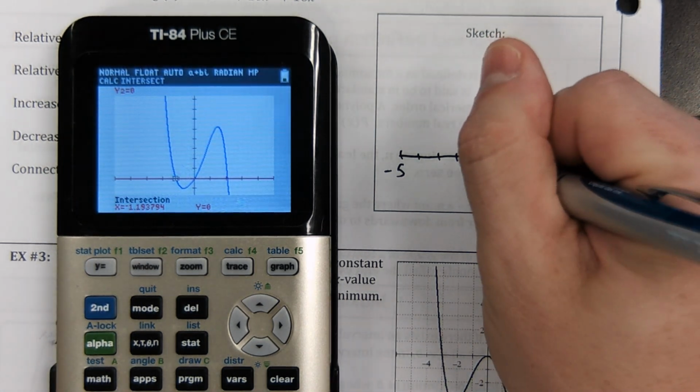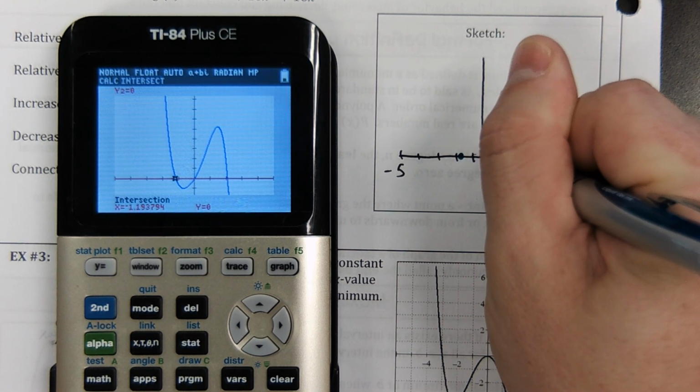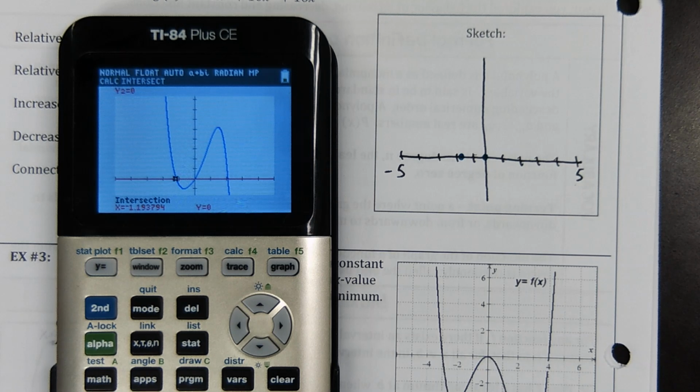That's almost negative 2. Then you used the calculator wrong. Did you do second, trace, intersect? Yes. First curve, second curve, and guessed over by the answer? Yes. It's 1.136. No, you typed your equation wrong then. You missed something somewhere.